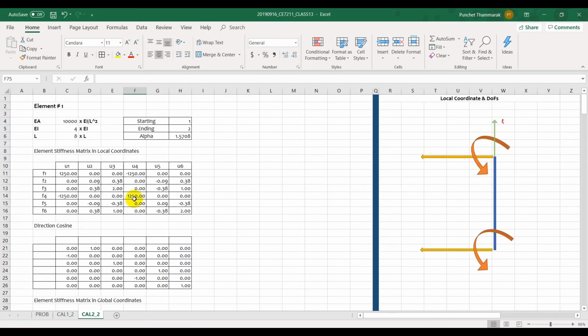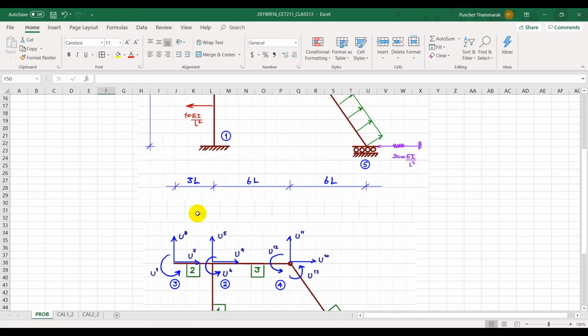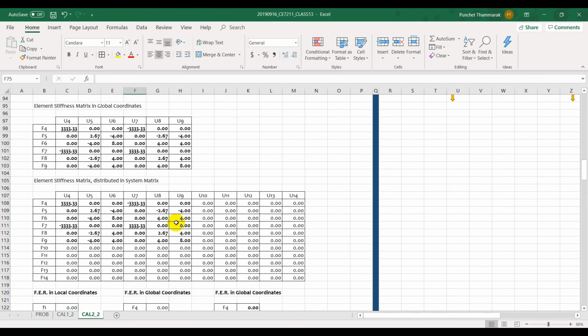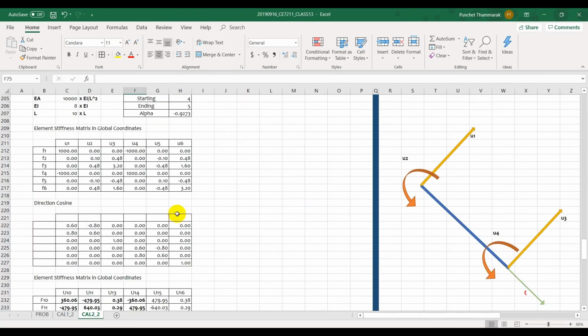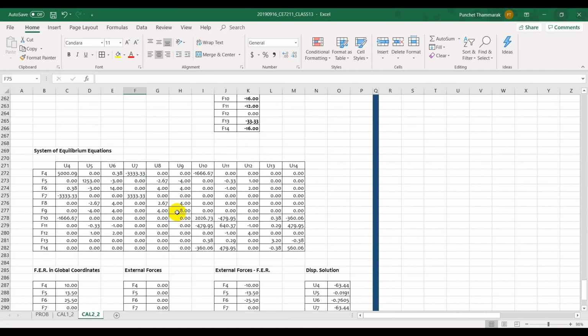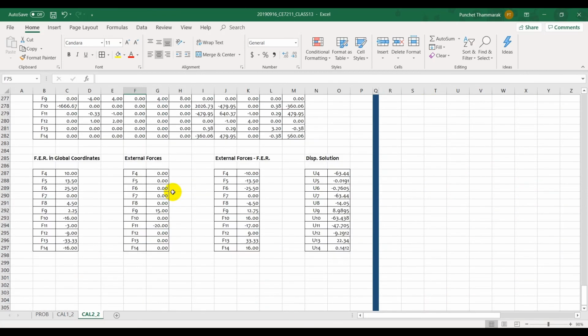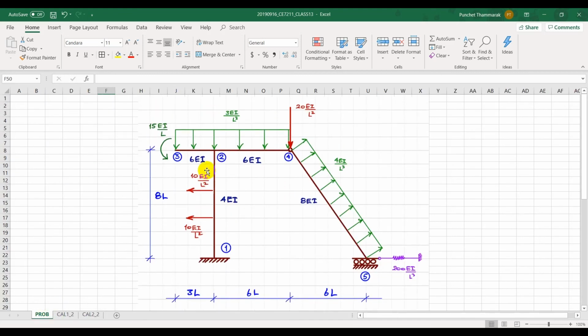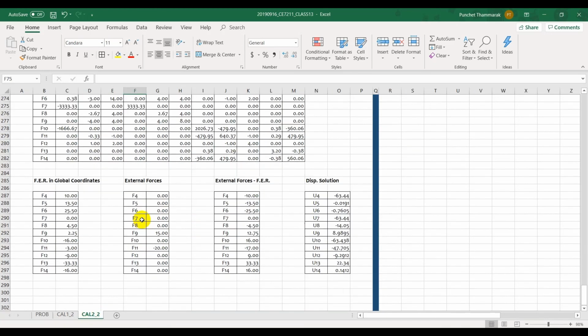And the first member 4 EI and the length L. Okay. So we fill in the values, which is now matching with the problem. Previously we haven't filled that in.